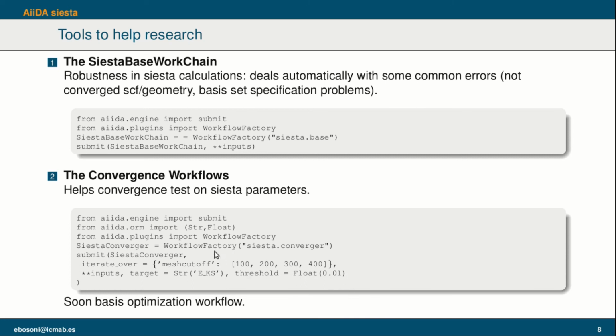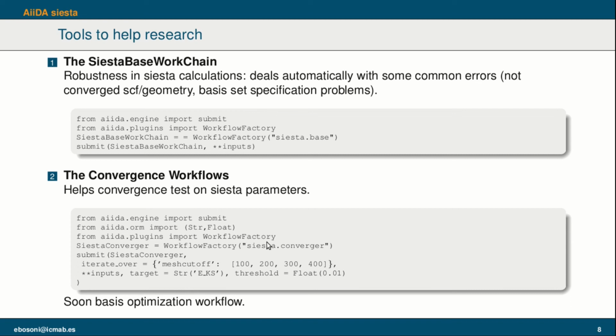So, for example, here you can see we have the Siesta converger workflow, and you have to pass the inputs that I described in the slide before, and then you have to pass this iterate over keyword where you specify the keyword you want to change inside Siesta, and the values you want to try out, and the target as well.